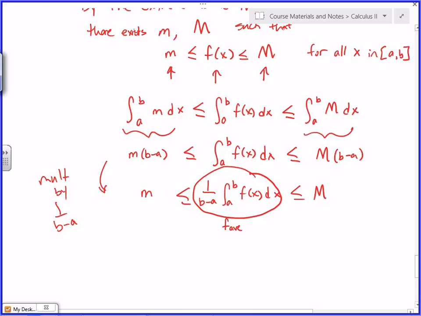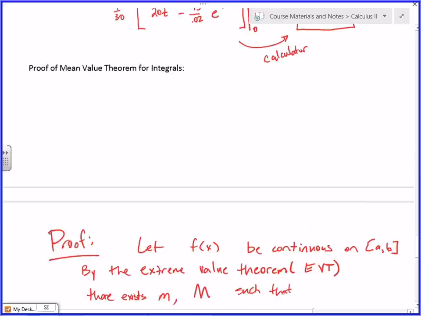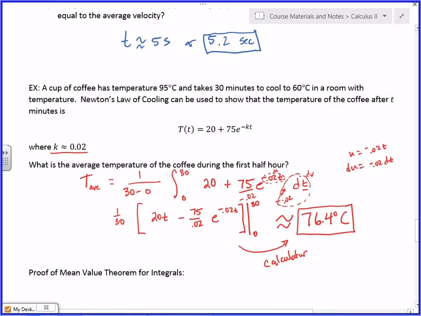And actually, what's great about what I just said here is something that I've said is true, but had not proven. I had told you before that the average value had to be between the highest and the lowest value of the function, right? I even told you that up here on this one, the cup of coffee, the temperature. The average had to be between 95 and 60.